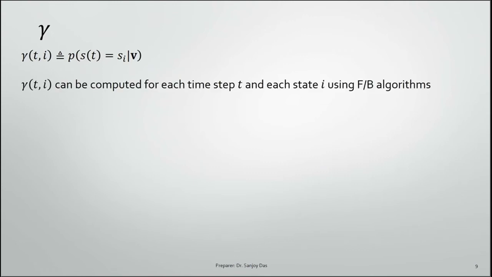So gamma t(i) can be computed for each time step t and each state i using the forward and backward algorithms, because it's basically dependent on alpha and beta.